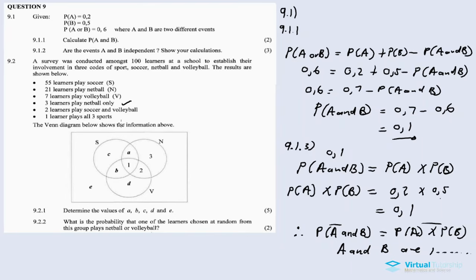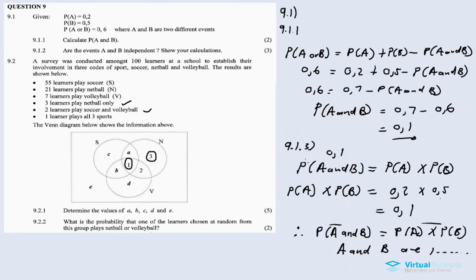So it means only ama learners ayi 3 badlala in netball kuphela. Basikhombisile yona la. And then 2 learners play soccer and volleyball. 1 learner plays all sports. Basikhombisile nala, right?